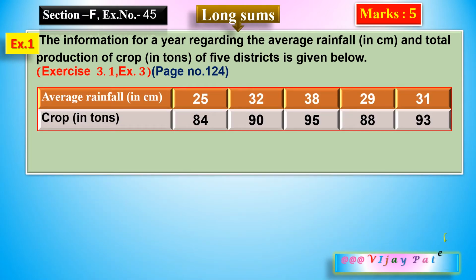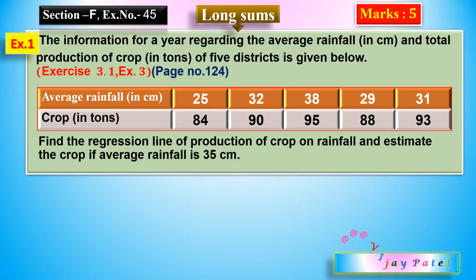Average rainfall in centimeter: 25, 32, 38, 29, 31. Crop in tons: 84, 90, 95, 88, 93. Find the regression line of production of crop on rainfall and estimate the crop if average rainfall is 35 centimeter.